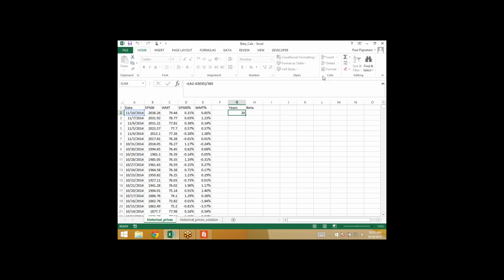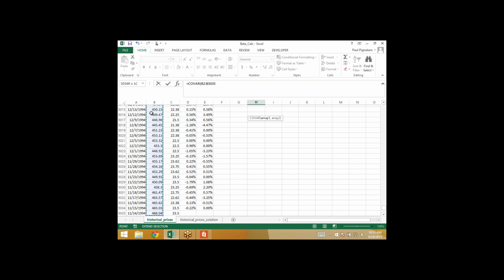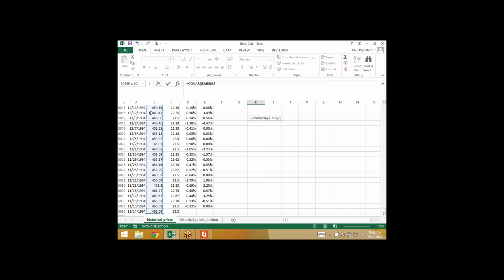And then I'm going to calculate the beta, which is the covariance. So I'm going to use the formula COVAR. Why does it have an exclamation point? I hope it's going to work. Covariance of, and I'm going to highlight everything, S&P 500 from today, colon, give me a range, Control page down to the end.